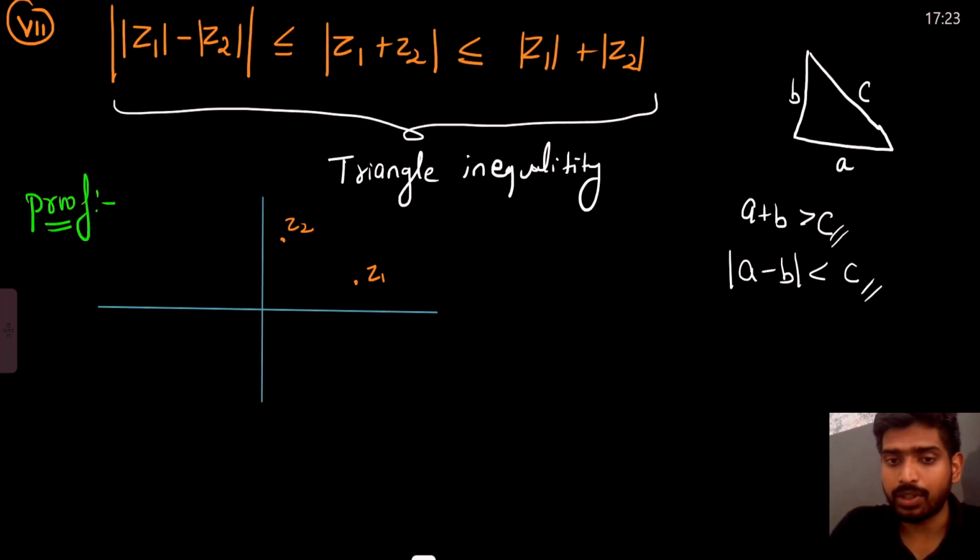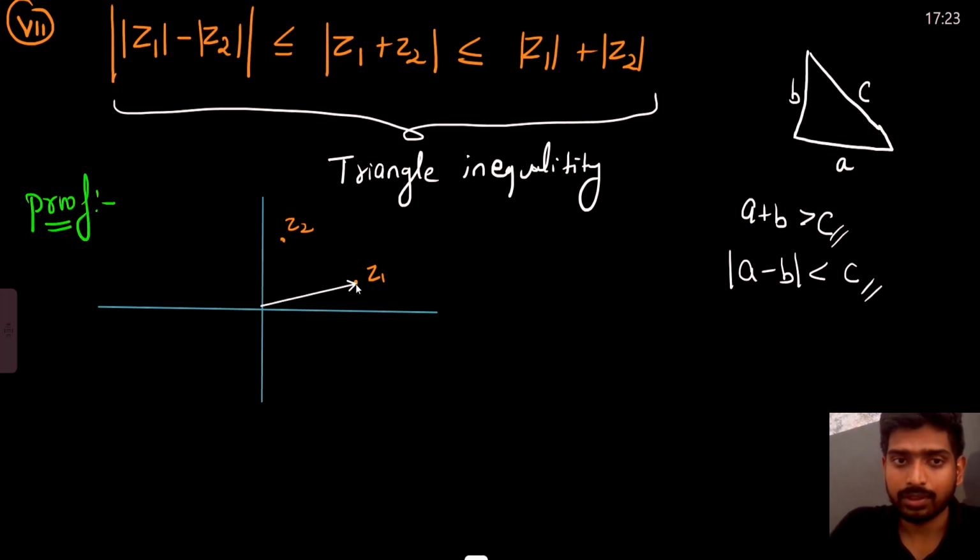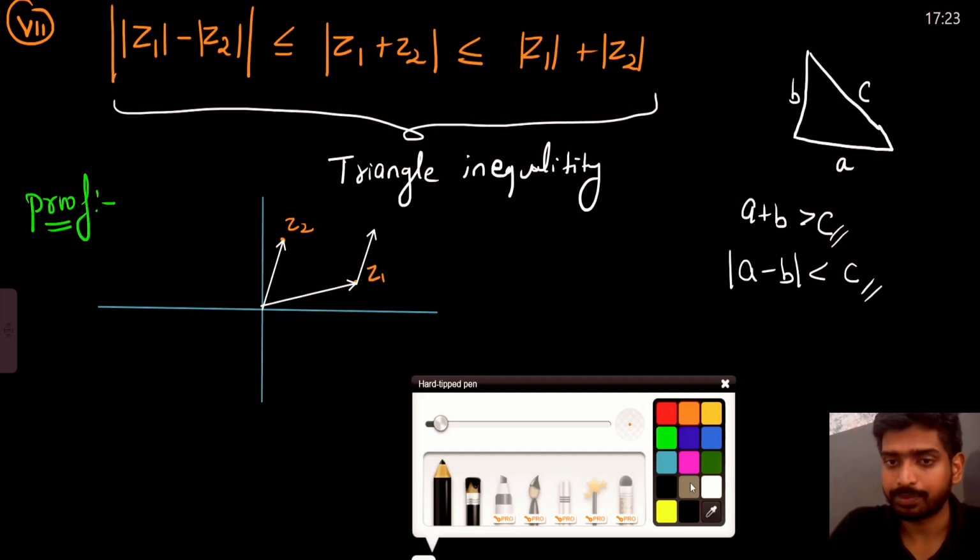How will we draw the position vector of z1? Position vector of z1 we get after joining the origin with z1. Again, the origin will join with z2. Now z2 we can shift, we can move the vector, so z2 will move and we will bring it here. This will be my z2.